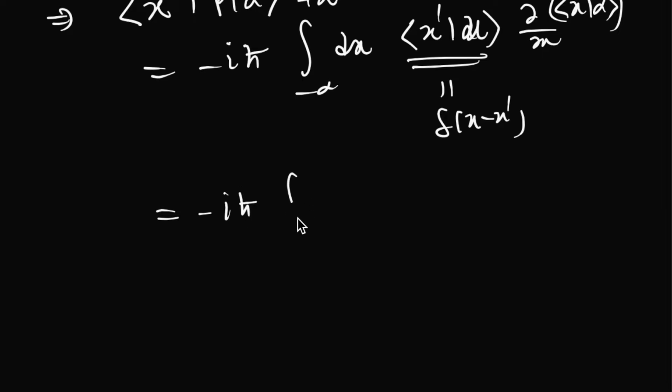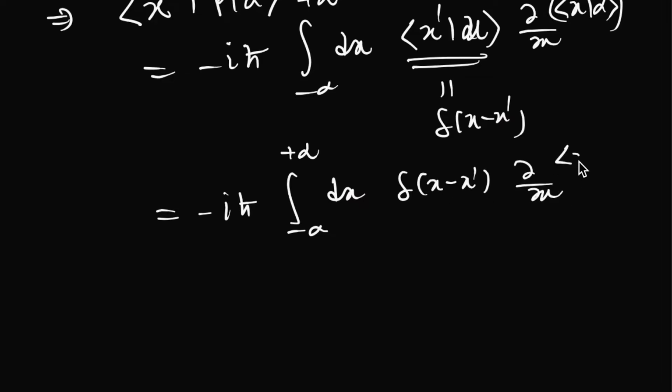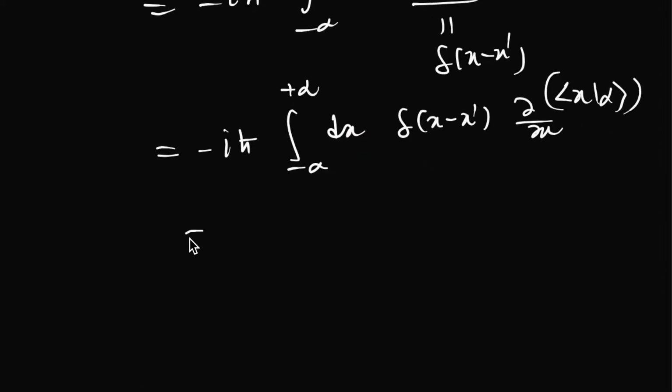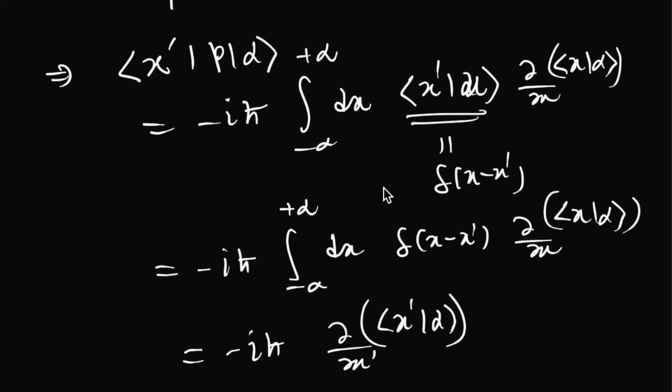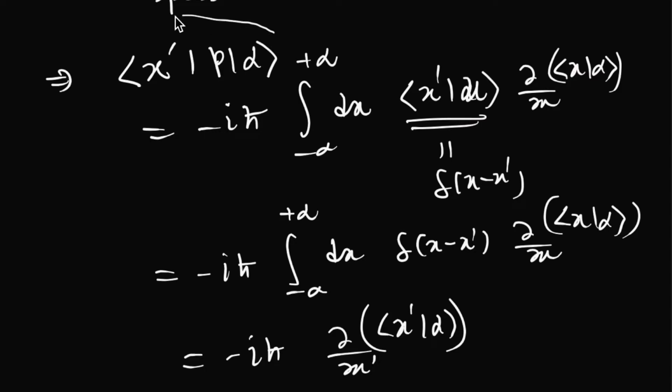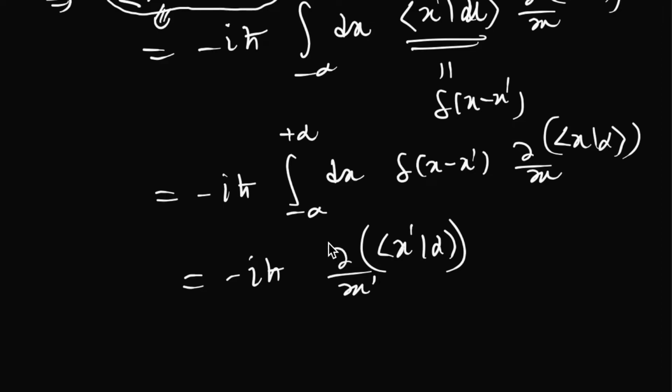That means minus i h cut integral dx delta of x minus x prime del x <x|alpha>. That will give minus i h cut del x prime <x prime|alpha>, which means the representation of the momentum operator in the position basis can be written as minus i h cut del x prime of <x prime|alpha>.